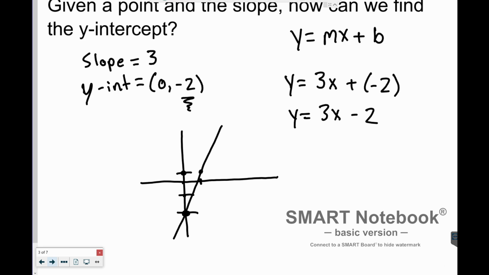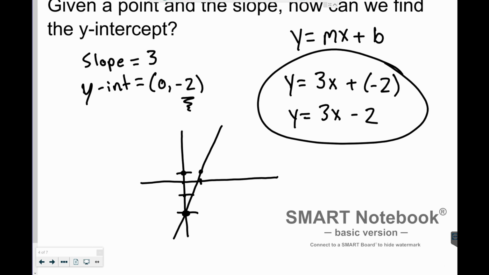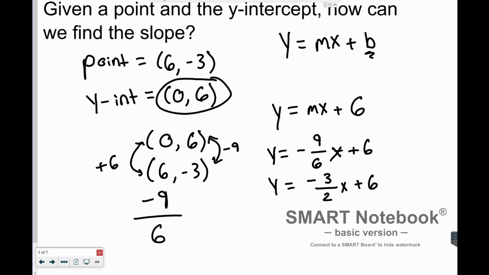Either way would work. Given a point and the slope, how can we find the y-intercept? Well, you just plug those into your equation. You'd plug in your slope in the m position and your y-intercept in the b position. So given a point and the y-intercept, how can we find the slope? Well, we can either draw it out and label these 2 points, draw the line, and then count out the slope, or you can just calculate the change.